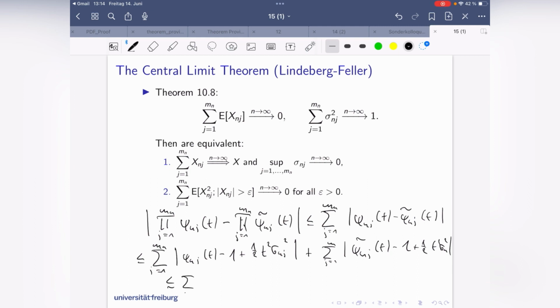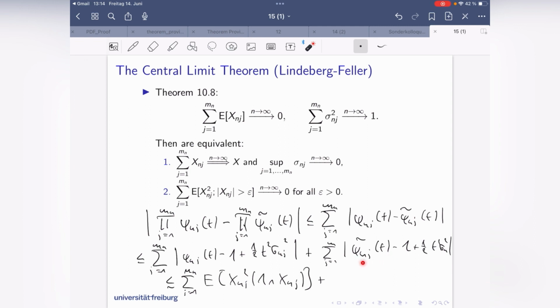So I have j from 1 to mn, and I have the minimum of the second and third moment. I can write it like this. And the other thing, well, that's similar, but I will just write it down as it was.